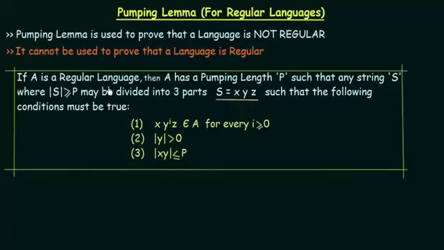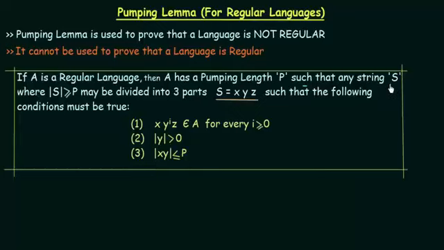If A is a regular language, then A must have a pumping length P such that any string S where the length of S is greater than or equal to P may be divided into three parts.